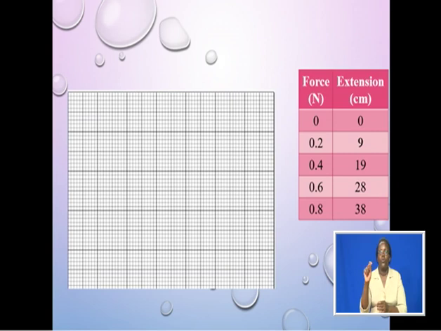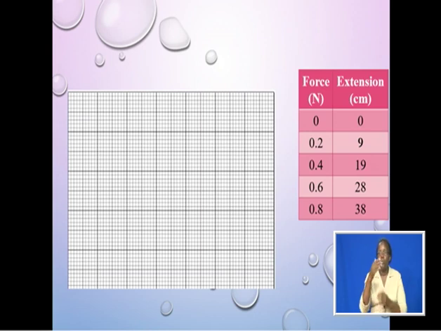And to get the extension, we will always be subtracting the corresponding reading from the initial reading of the pointer before any masses were added.